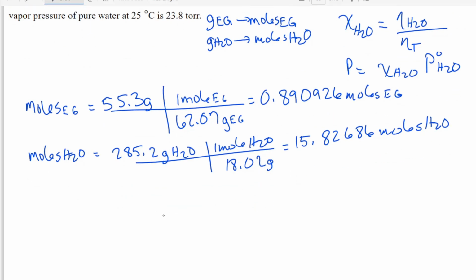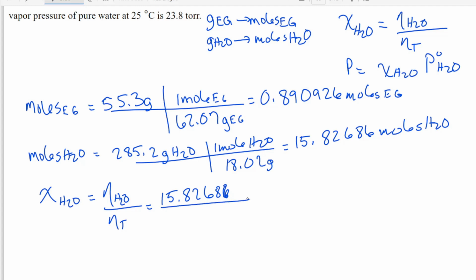Alright, so now the mole fraction for the water is equal to the moles of water divided by the moles total, which is equal to 15.82686 divided by 0.890926 plus 15.82686.